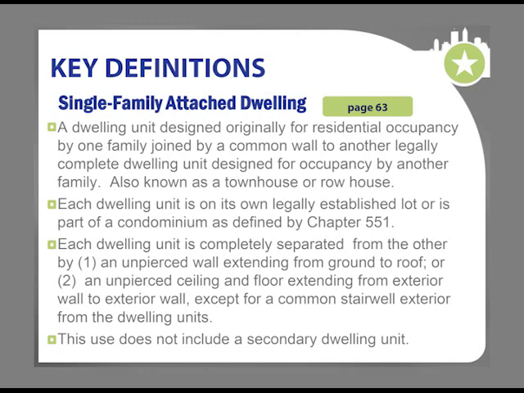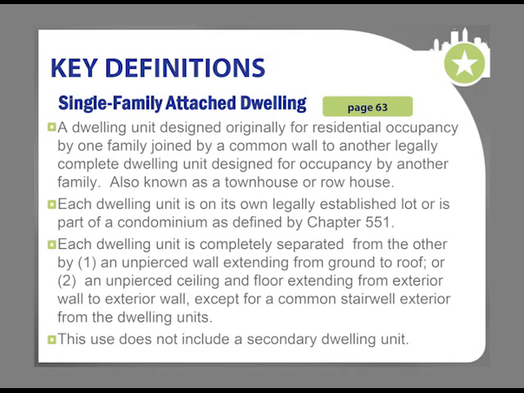The dwelling units are completely separated from each other by an unpierced wall extending from ground to roof, or an unpierced ceiling and floor extending from exterior wall to exterior wall. That is to say, there is no common connection across the units.